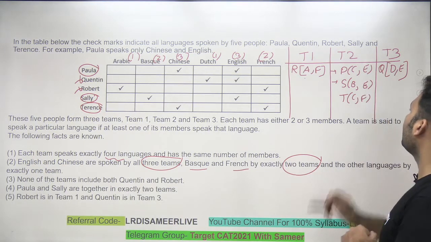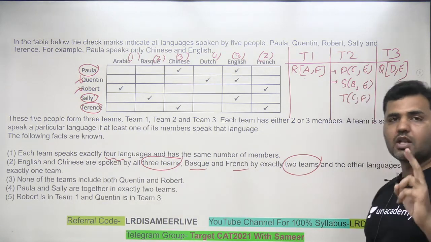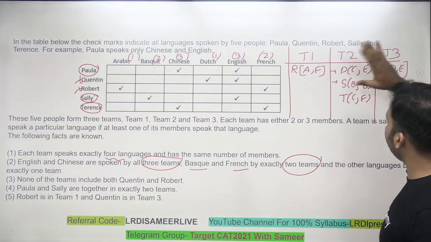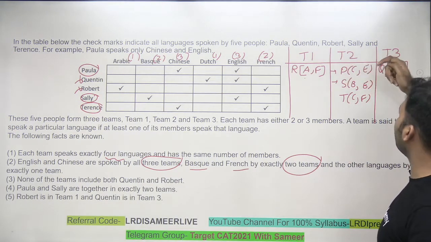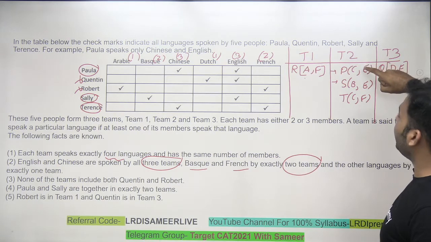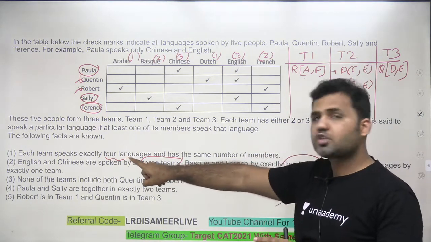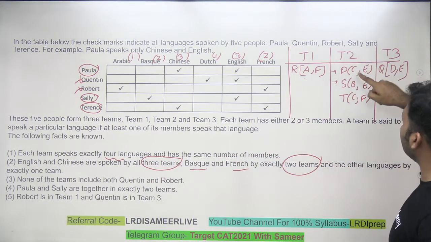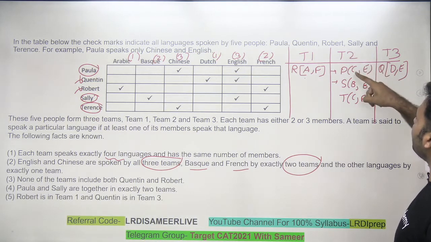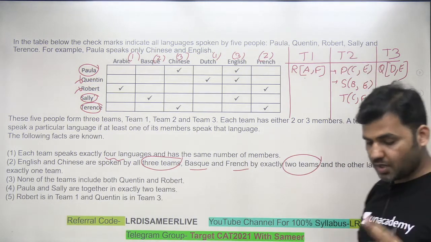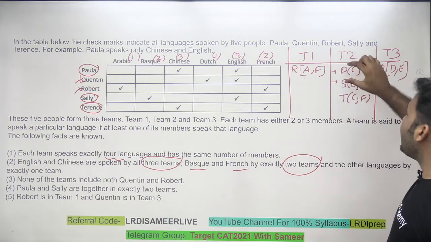Now, what's the problem in taking only 2 members in a team? The question says every team should be able to speak 4 languages. If I take P and S, team 2 will be speaking only Chinese, English and Basque. I want the team to speak 4 languages, so P and S is not possible.